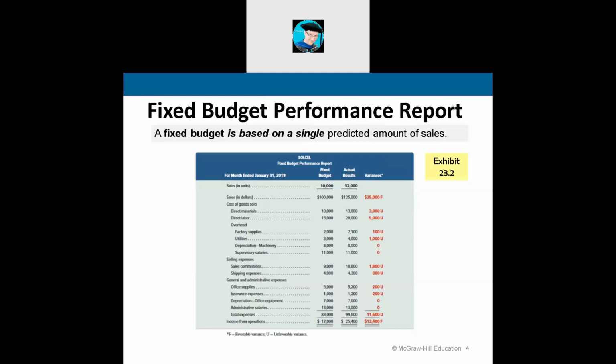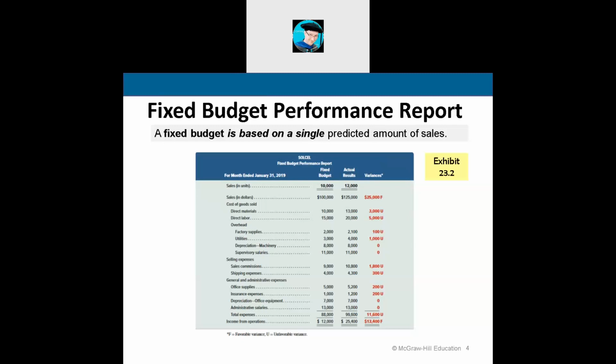So in most cases, I take the fixed amount or the budgeted amount minus the actual results. That gives me the difference. So 25,000 favorable for sales because I sold more than what I expected to sell. It's favorable. But you'll notice everything else is unfavorable.